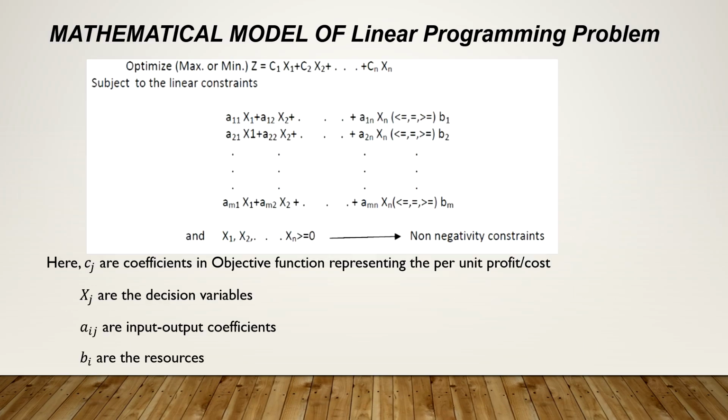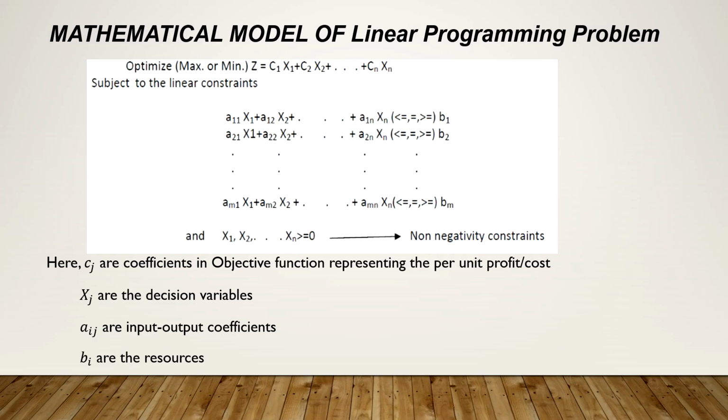Now, the mathematical model of a linear programming problem is of this type. You have to optimize, meaning maximize or minimize Z, which is c1 x1 plus c2 x2 plus up to cn xn, subject to the linear constraints. These are some inequalities.